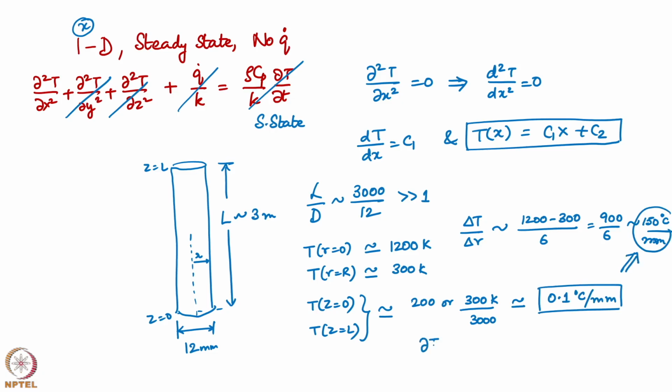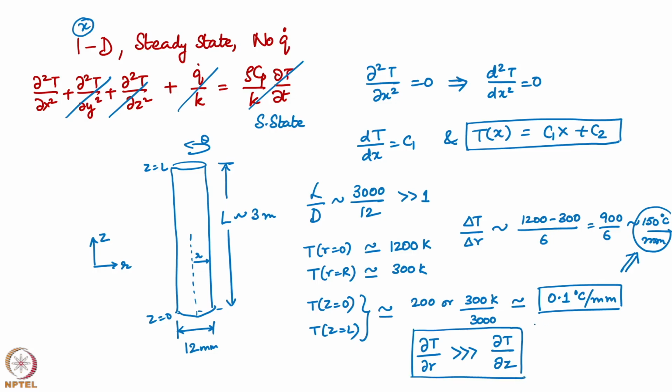The dT/dr is much larger than dT/dz. Okay, this is z direction, r here, and theta is this direction. We are not bothered about theta for now. So, in such a situation, dT/dr is much larger.